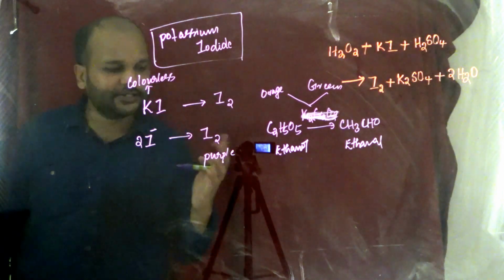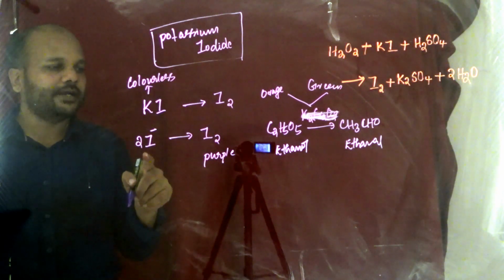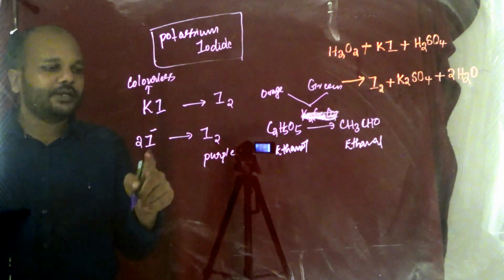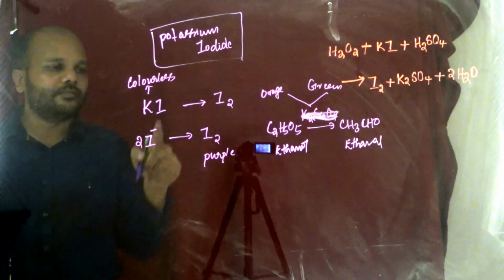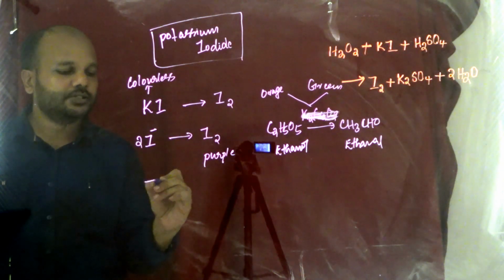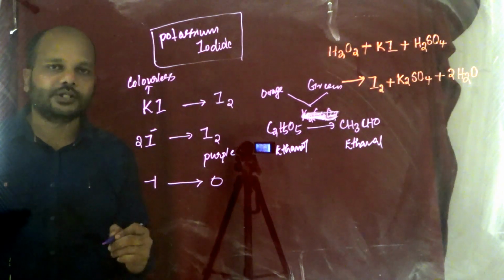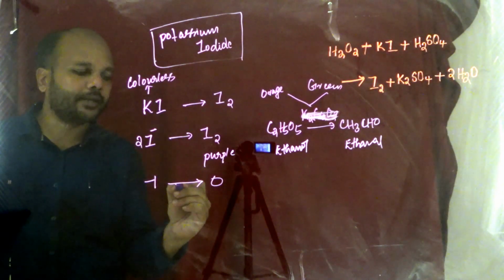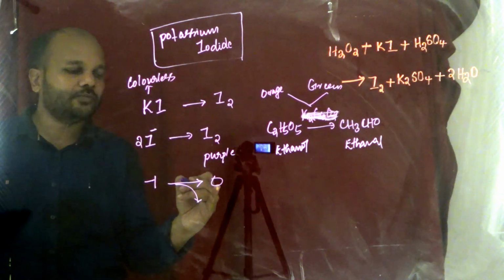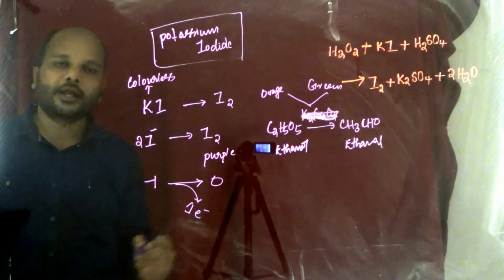Iodine is also not an exception. Here, the iodide is in the -1 oxidation state, and it changes into the 0 oxidation state. To change from -1 to 0, it has to throw out one electron.